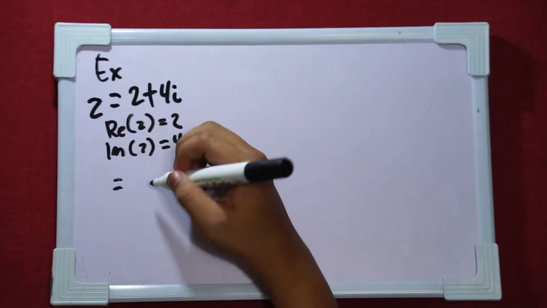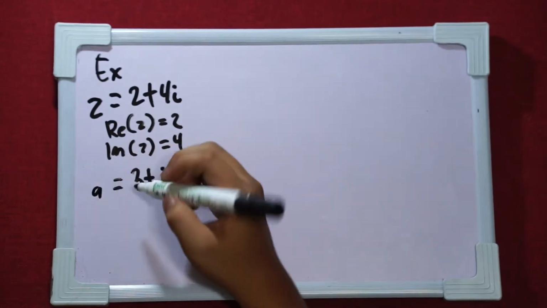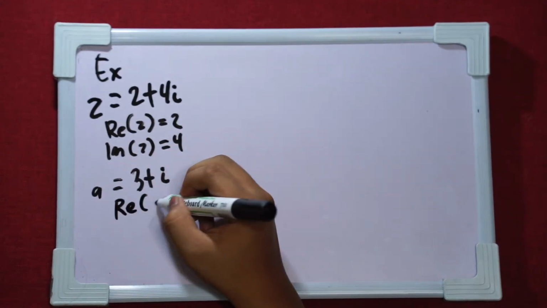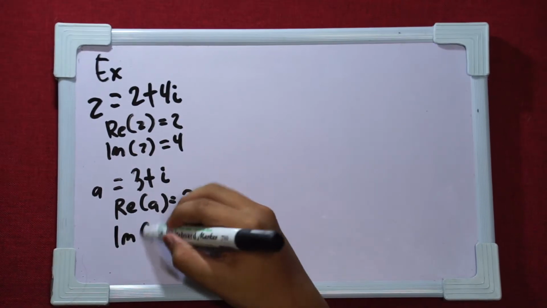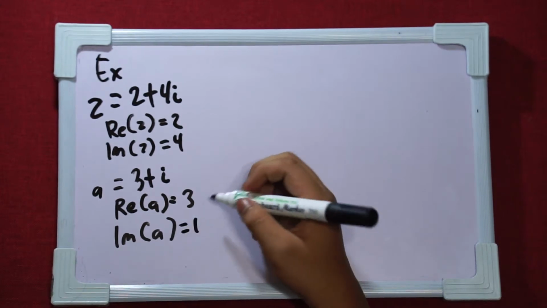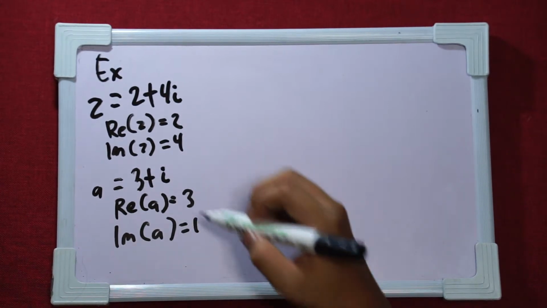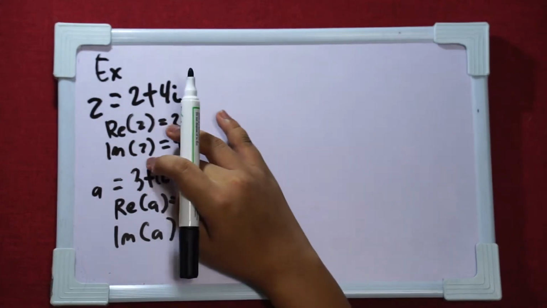Another example would be 3 plus i. We can name this a, and the real part of a is 3, and the imaginary part of a is 1, because there is an imaginary number here which is 1, but we don't write that.